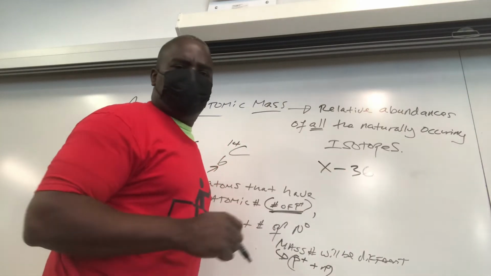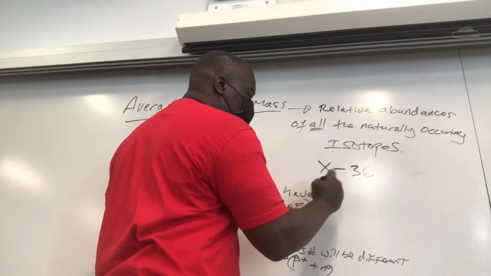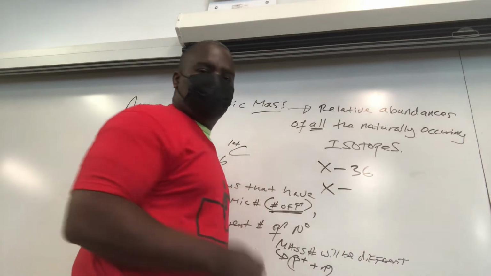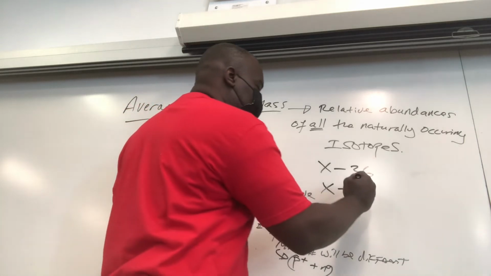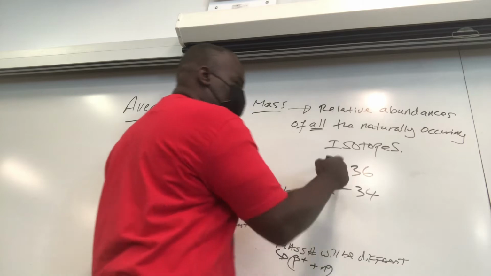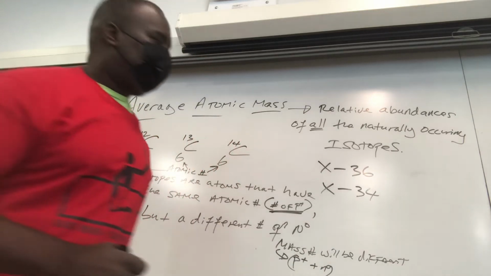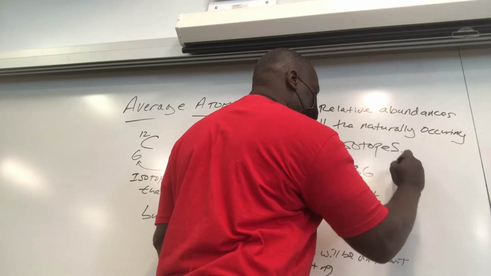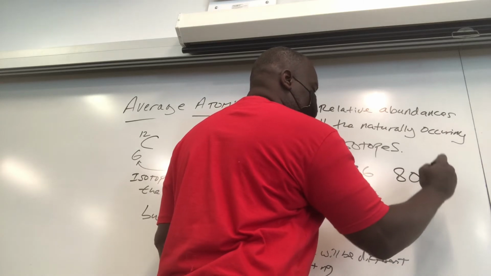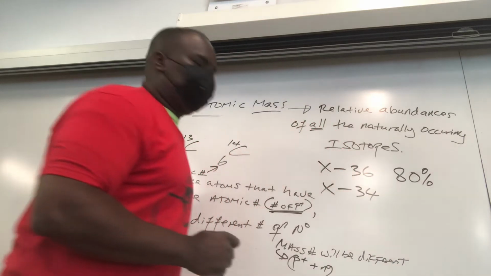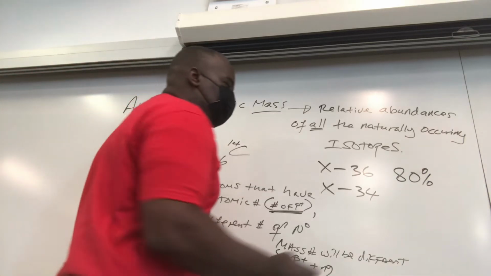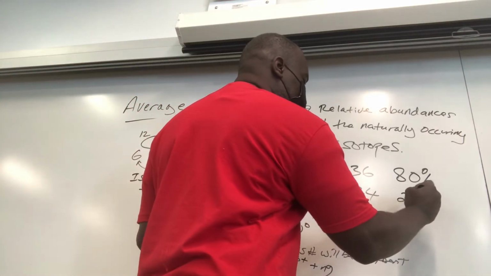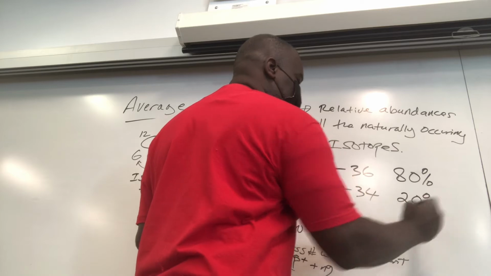We have another isotope of X, same number of protons, but the mass of this one is 34. So we have two isotopes of X. Let's say one of them has a relative abundance of 80%, and the other has a relative abundance of 20%.